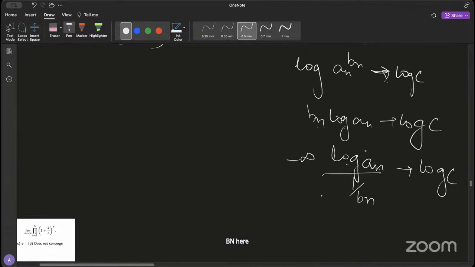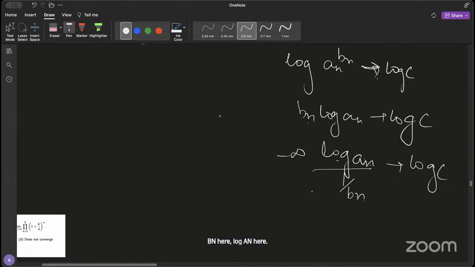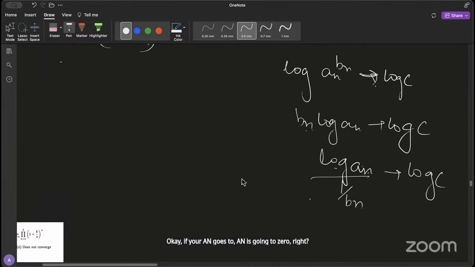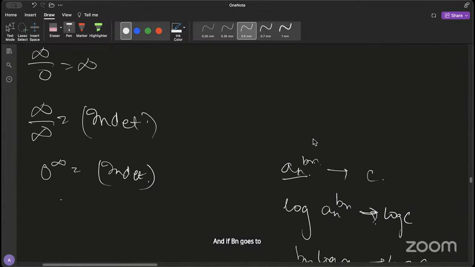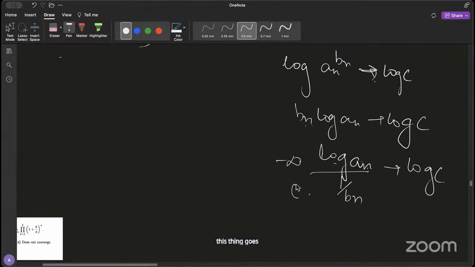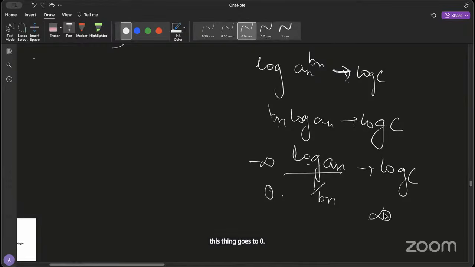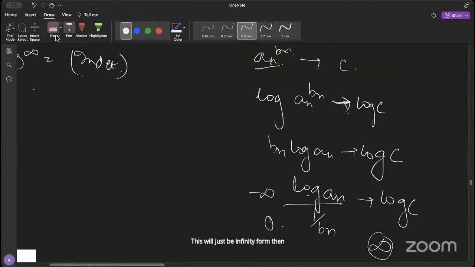If an goes to 0, log of an goes to minus infinity. And if bn goes to infinity, this thing goes to 0. This will just be infinity form then, but it should be indeterminate. Just 1 second.